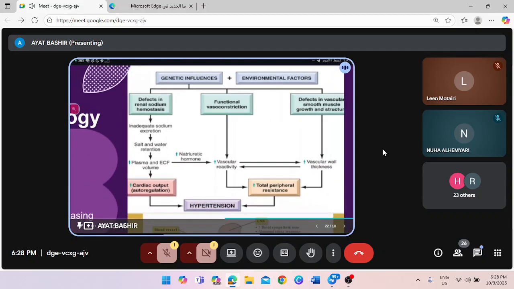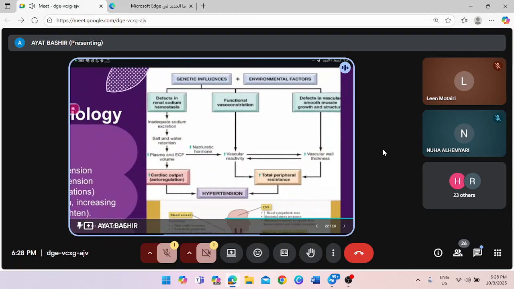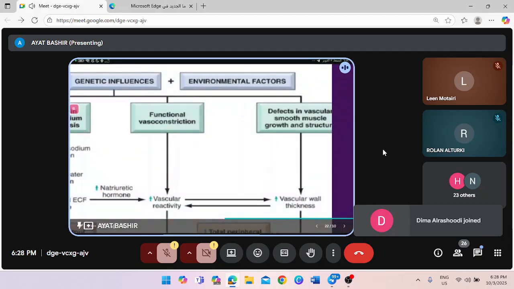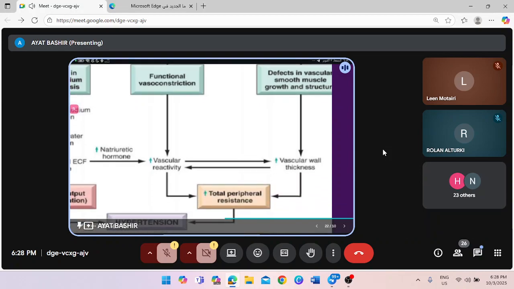And also the last thing here, the defect in vascular smooth muscle from genetic influence: if there is a defect in the vascular smooth muscle growth and structure, this will also increase the vascular wall thickness. Both of them link to each other. Both of them will lead to an increase in total peripheral resistance.